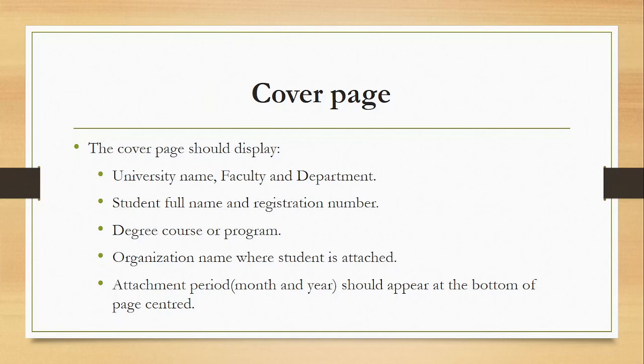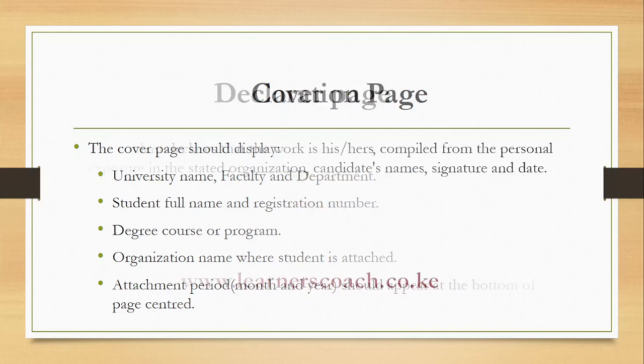Also the organization name where you are attached, very, very important. And of course the period. This period should be captured in terms of month and year, right? And it should be placed at the bottom of the page and centered, right?